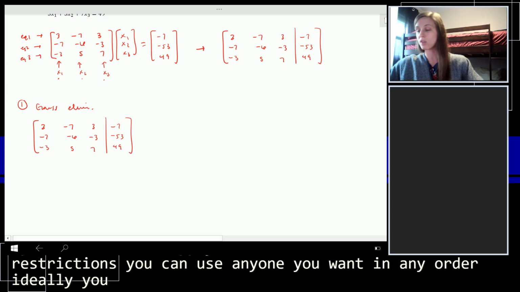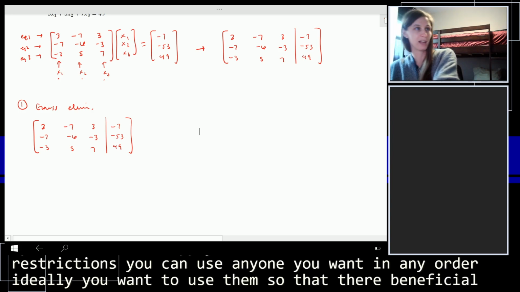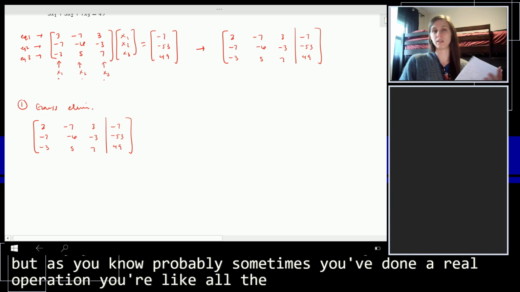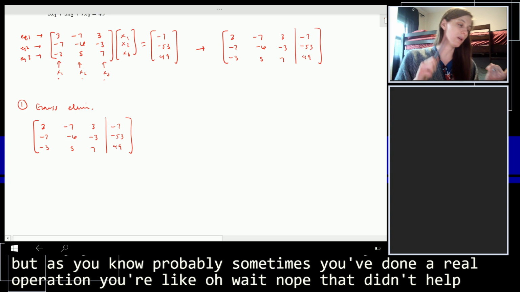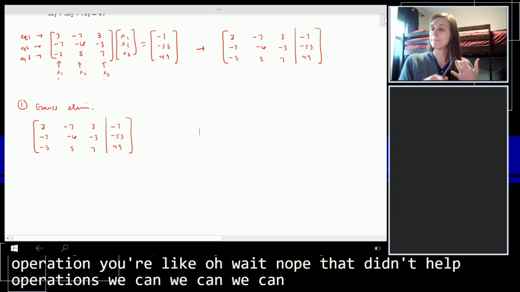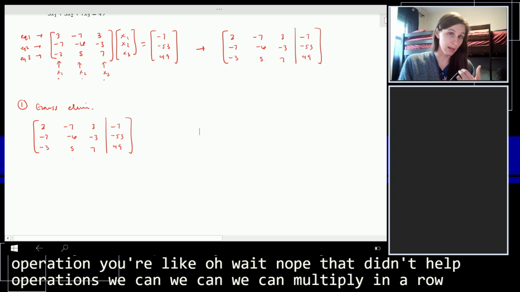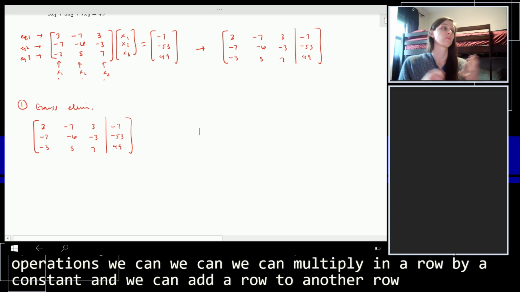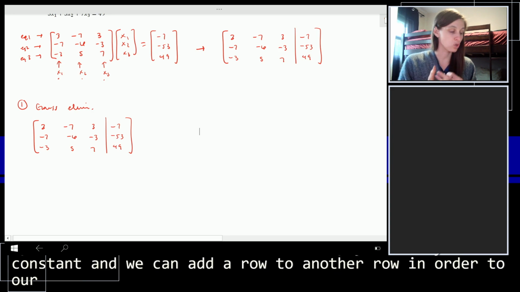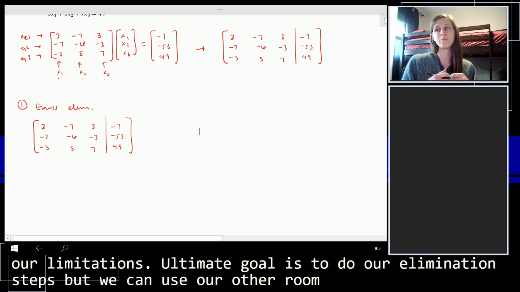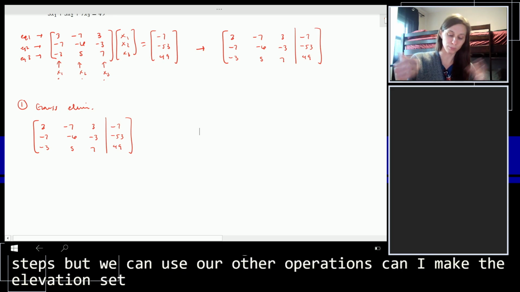Ideally, you want to use them so that they're beneficial. But as you know, probably sometimes you've done a row operation, you're like, oh wait, nope, that didn't help. Okay, so our 3 row operations, we can swap rows. We can rearrange them. Doesn't matter the order in which they are. We can multiply a row by a constant, and we can add a row to another row in order to do our elimination step. So the ultimate goal is to do our elimination steps, but we can use our other row operations to kind of make that elimination step a little bit simpler.